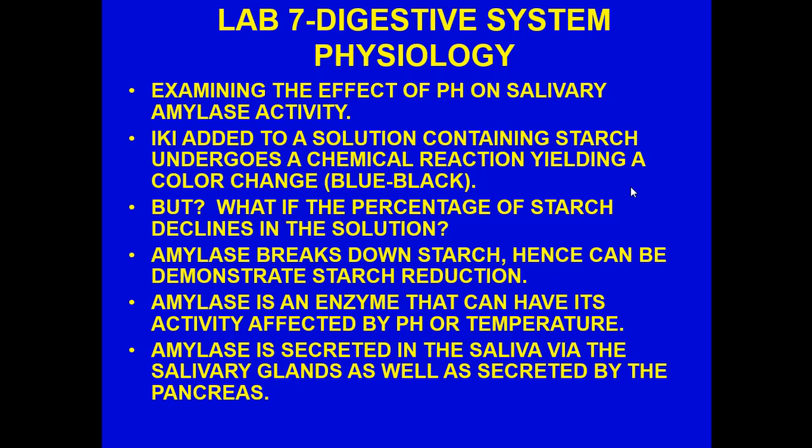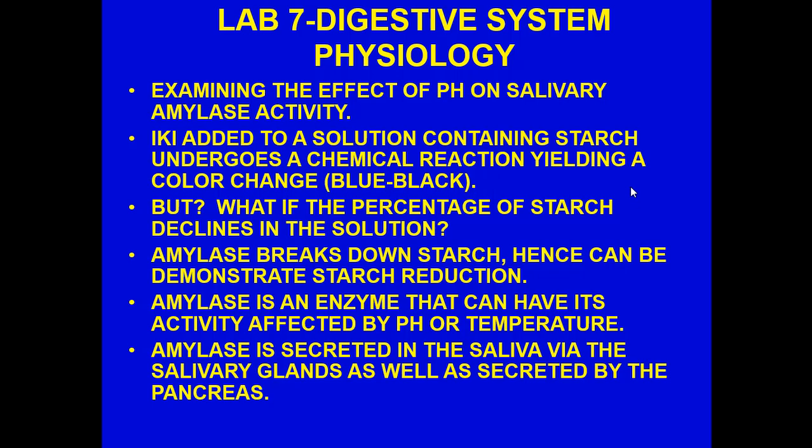Now there's one point to keep in mind here, and this is sort of a refresher going back to the ANP1. Amylase is a protein, it's an enzyme, and like many proteins, it can have its activity affected by either pH or temperature.